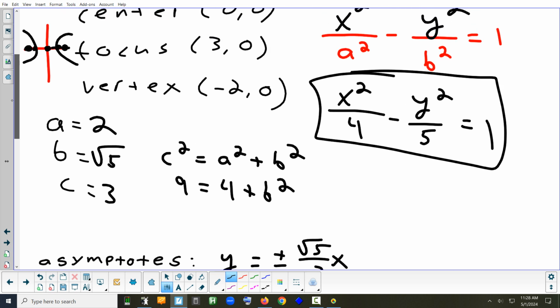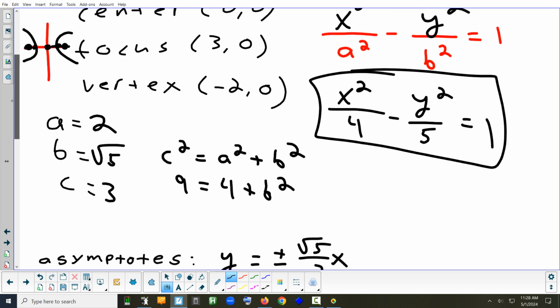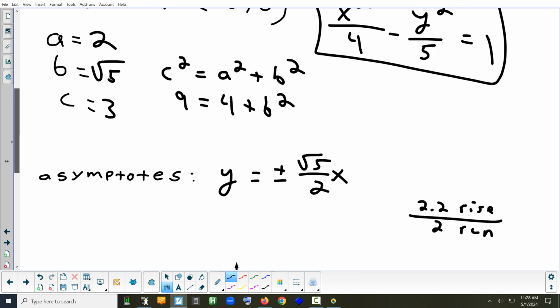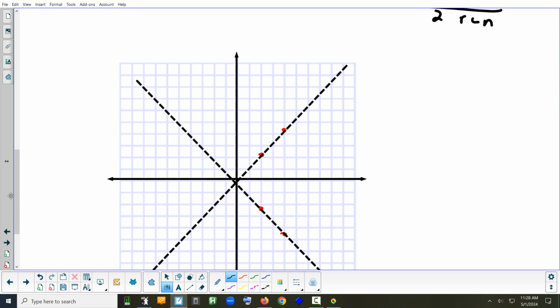The other thing I want to mark is my vertices, because we know that the hyperbola is going to go right through them. I've got one at negative 2, 0. Where's the other vertex? The other vertex is going to be the direct opposite of it on the other side of the graph, which is 2, 0.